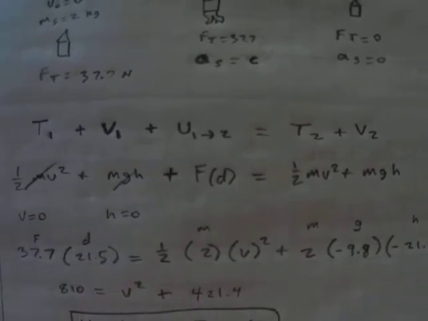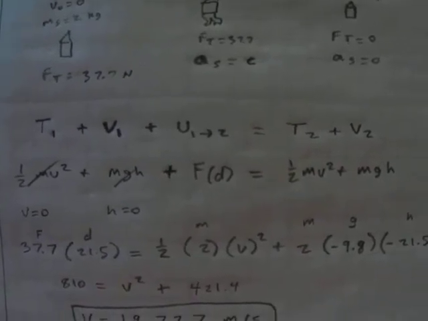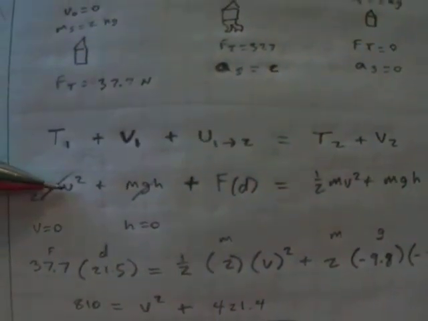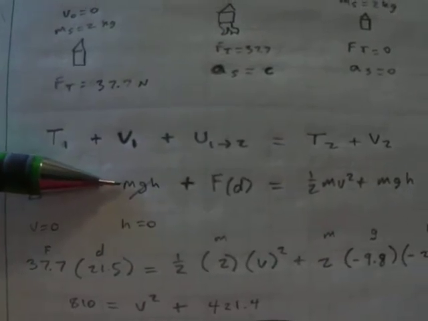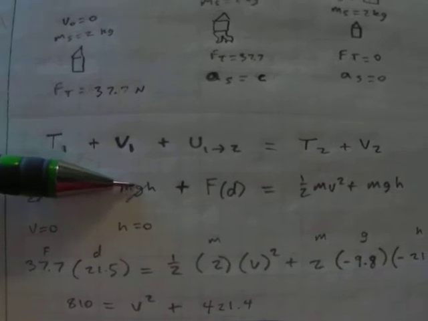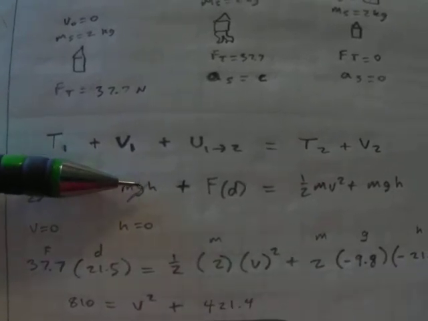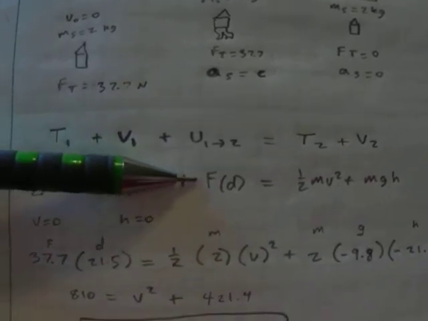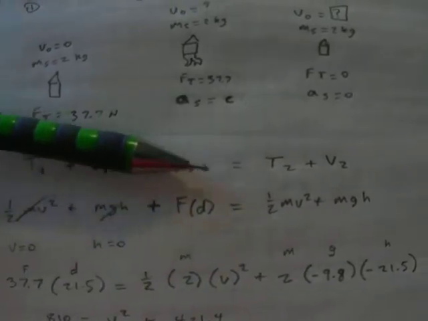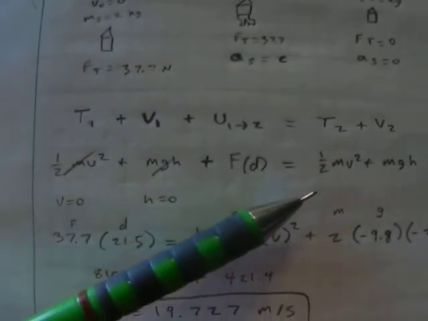Potential energy is mgh, which is mass times gravity, times the height. Then plus the work, which is the force times the distance, and the same thing for position 2.